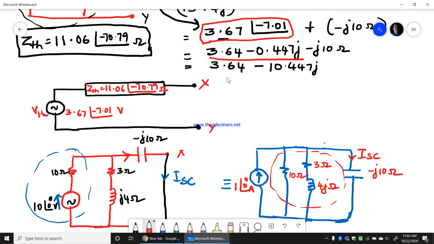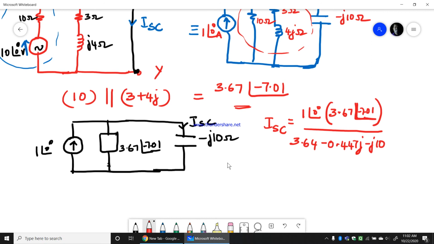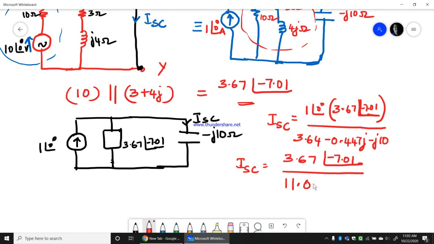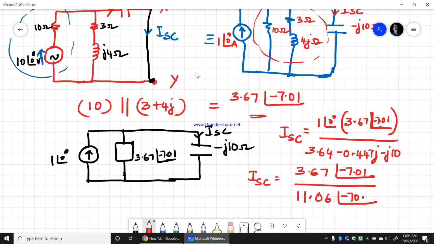See here, 3.64 minus 10.44J will give me 11.06 at an angle minus 70.79. So it is ISC equals 3.67 at an angle minus 7.01 divided by 11.06 at an angle minus 70.79.